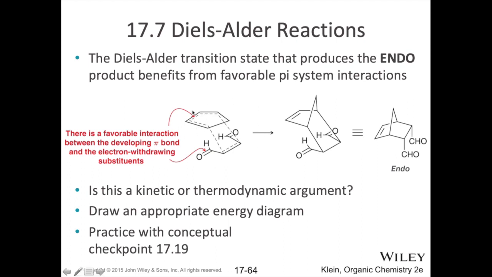Since we're arguing from the standpoint of the stability of this transition state, please note that this is a kinetic argument. With a thermodynamic argument, we'd be arguing for the stability of the final product, which I've already pointed out is not the case. This endo product should be less stable due to steric hindrance.